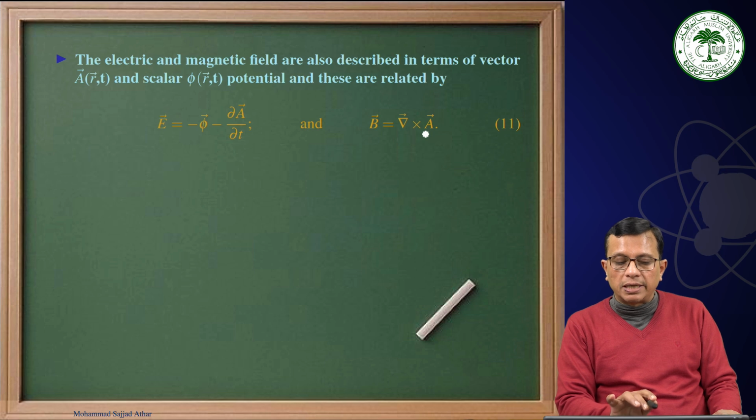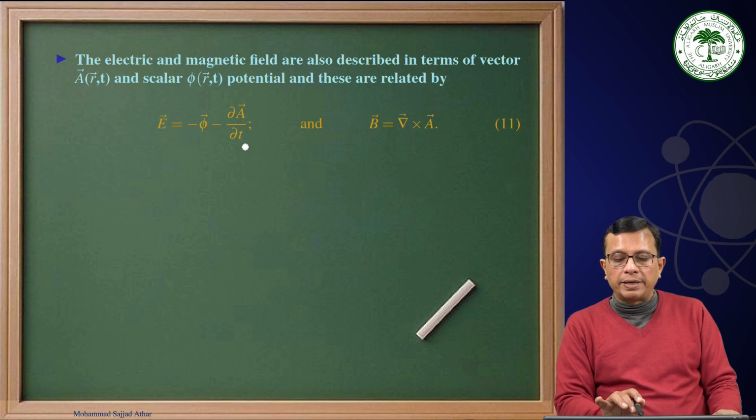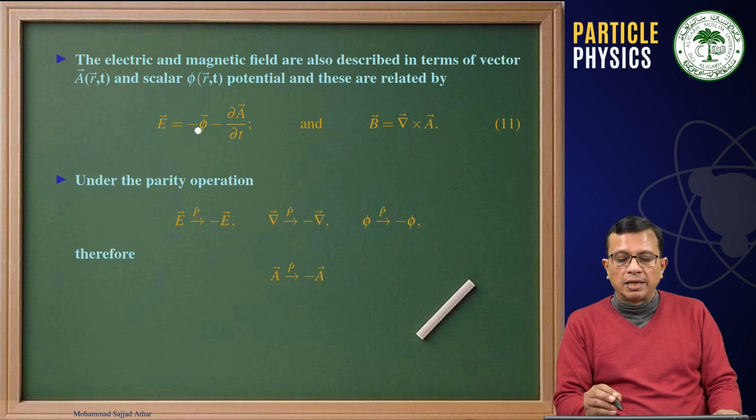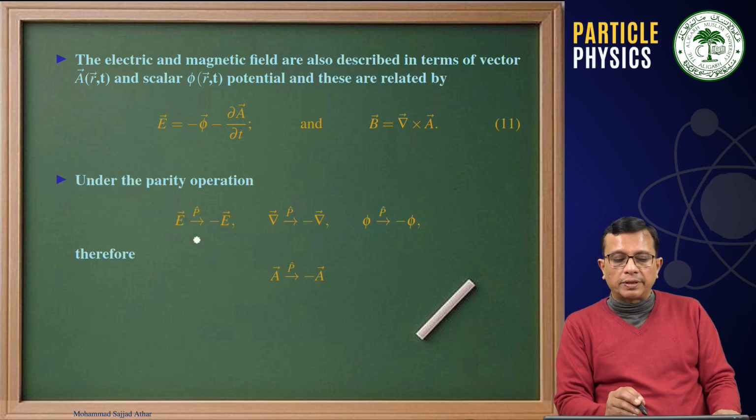On this side, E is changing sign. Then we have E equals minus del phi minus ∂A/∂t. A is changing sign, phi is changing sign. Therefore, under parity operation, E will change to minus E, del will change to minus del, and phi will change to minus phi.